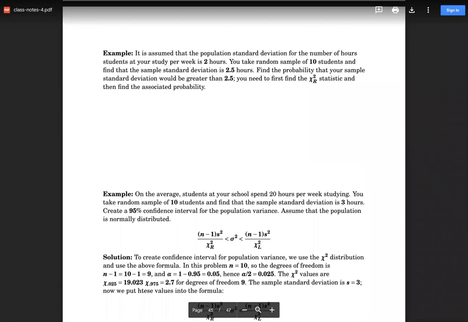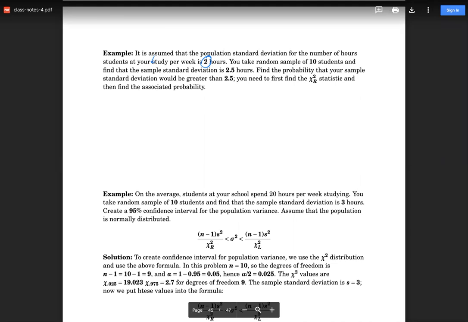It's assumed that the population standard deviation for the number of hours students at your school study is 2 hours. You take a random sample of 10 students and find the sample standard deviation.